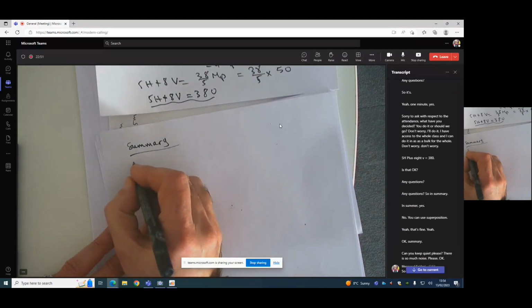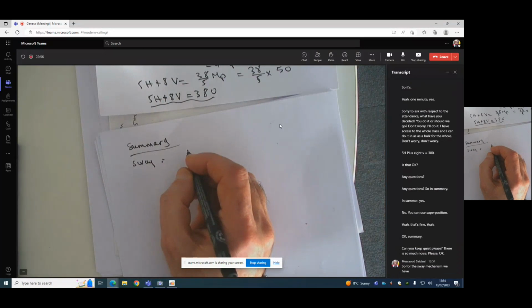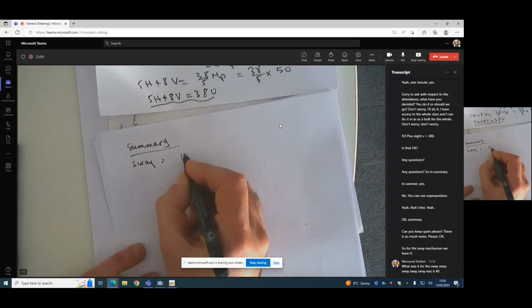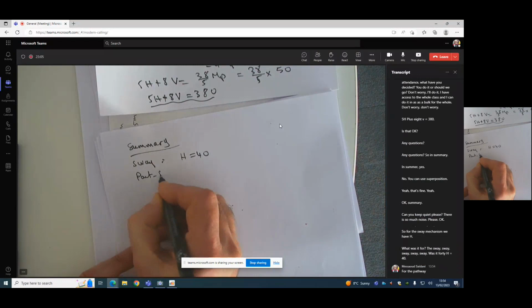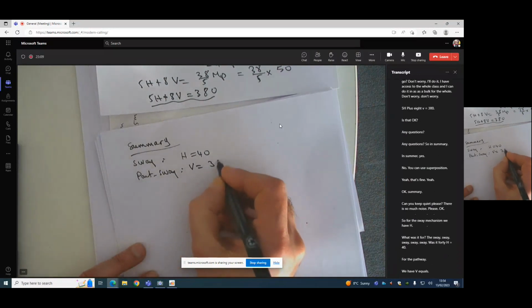So for the sway mechanism, we have H. What was it for the sway? Was it 40? H equals 40. For the part sway, we have V equals 35.